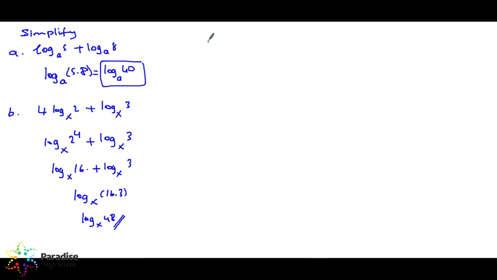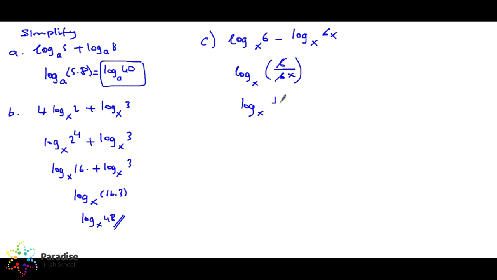Okay, let's look at number C. Log base x of 6 minus log base x of 6x. Since they are the same base, can I write it as log base x of 6 over 6x? Yes, I can. So we simplify 6. What is left there? Log base x of 1 over x.